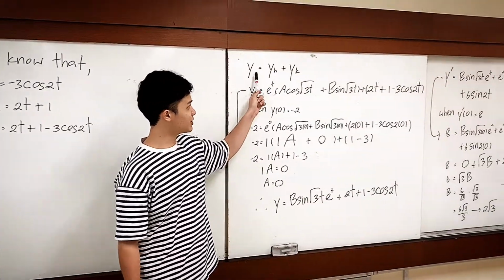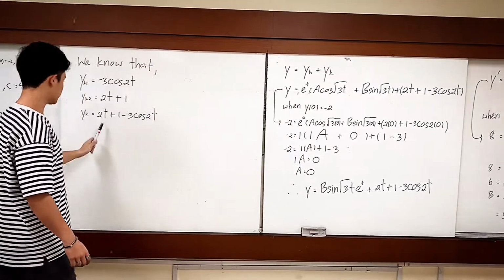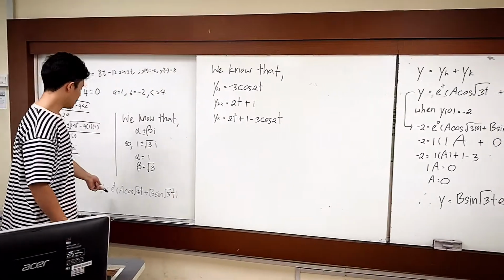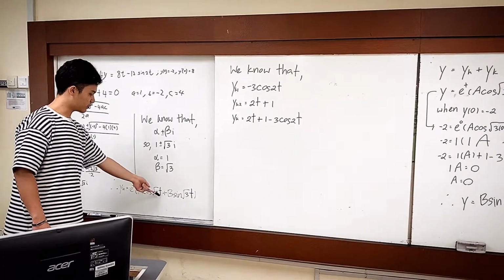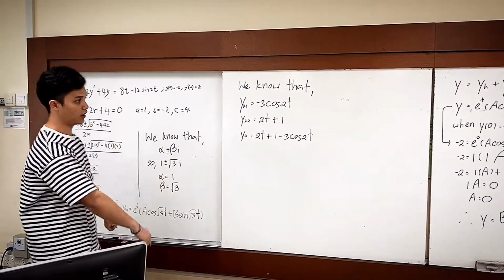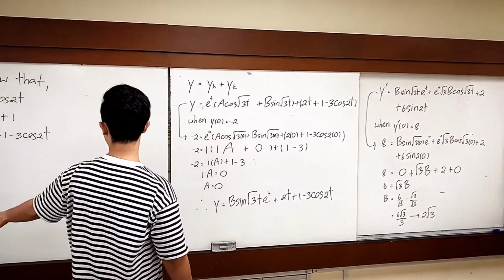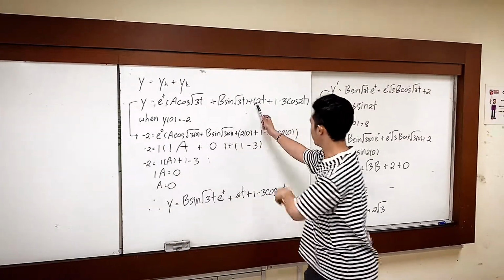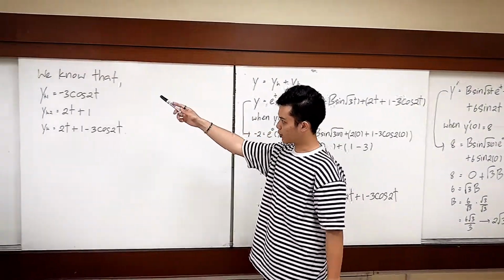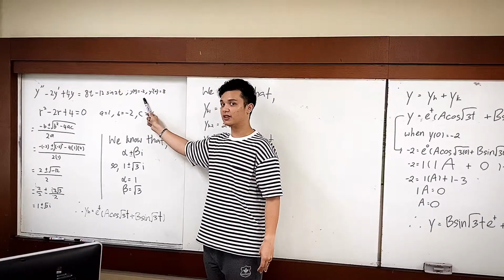So y equals YH plus YK, where YK is 2t plus 1 minus 3 cos 2t, and YH is e to the power of t times a cos square root 3t plus b sine square root 3t. So we just combine the two of these. We combine already. And if you see properly from the question, it has a, what's called, I think it's a limit.